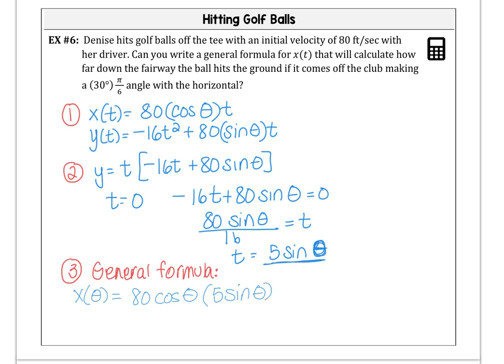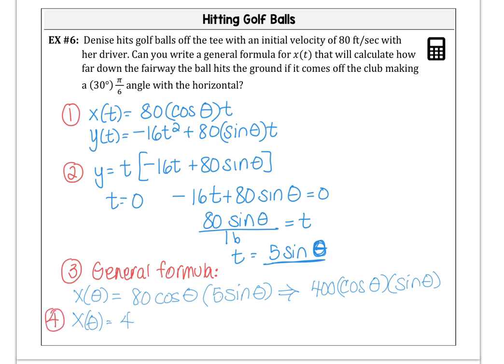And if we put 400, x of theta is 80 times 5, that's 400 cosine of theta times sine of theta, then I can use that in step 4 when my theta is pi over 6.